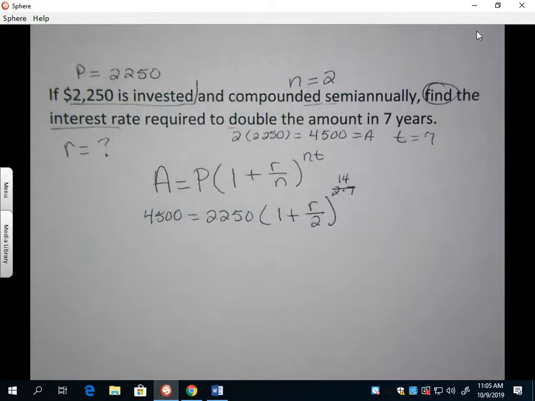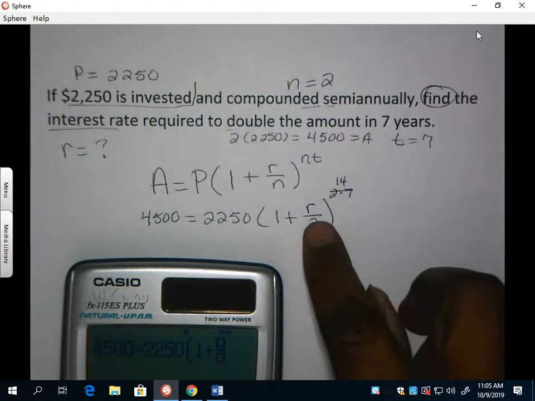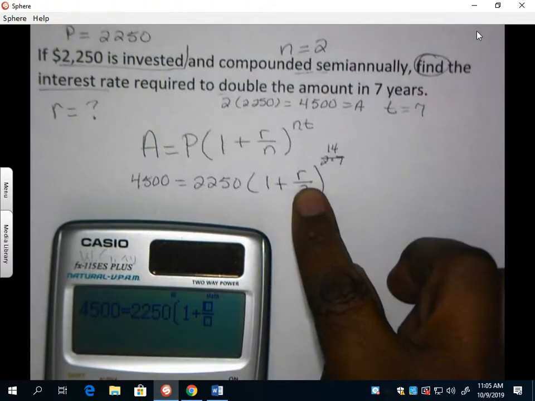Okay, and we're going to begin by solving this with our Casio. So to solve this with our Casio, we're going to type 4,500 alpha equals 2,250 parentheses 1 plus fraction. Now we can't use R on this calculator.